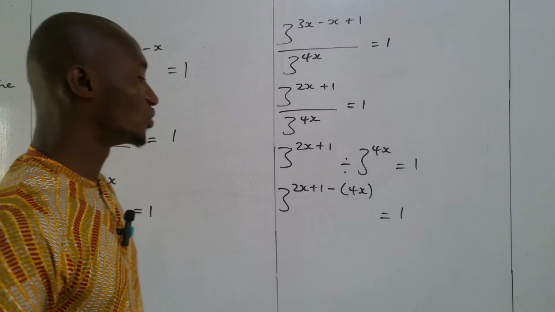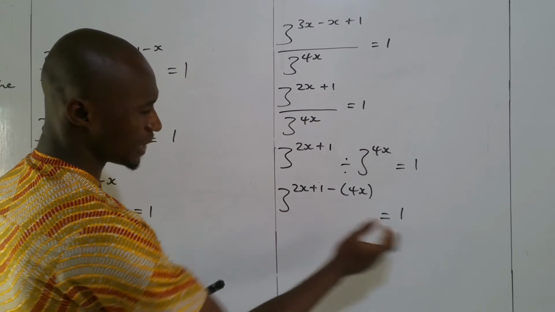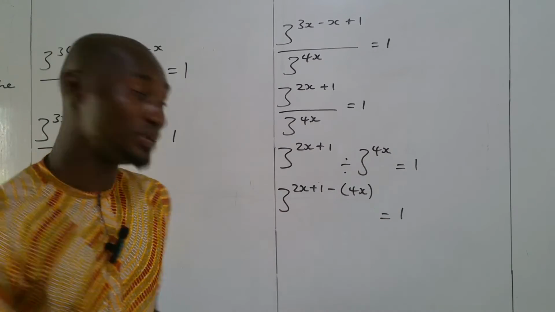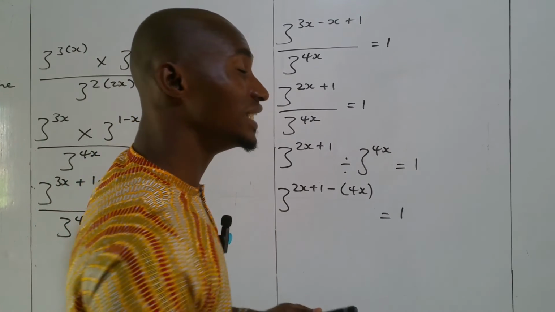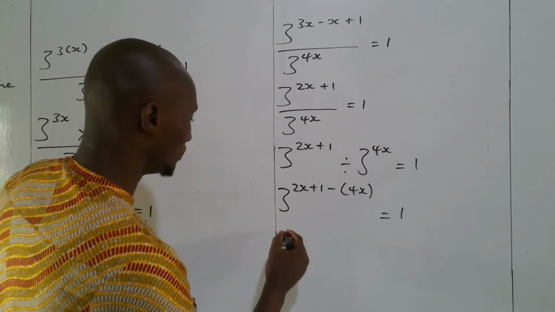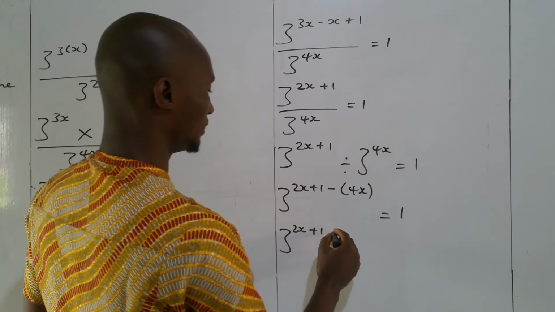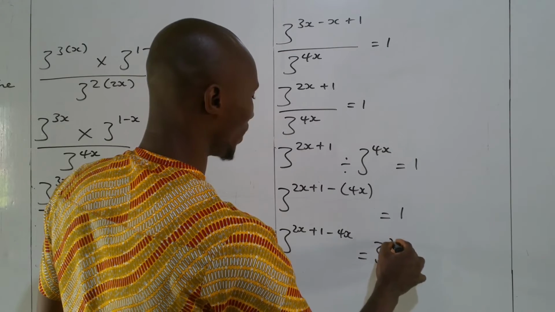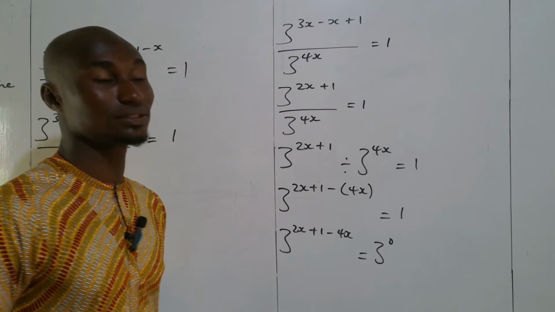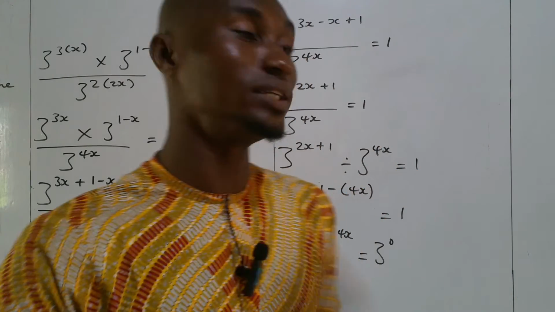You get? So now, observe that we have 3 here, but we're having 1 here. Another law will be applied here. Which law is that? Zero index law. This is 3 raised to the power 2x plus 1, then minus 4x equals 3 raised to the power 0. Because the zero index law taught us that anything raised to the power 0 is 1.